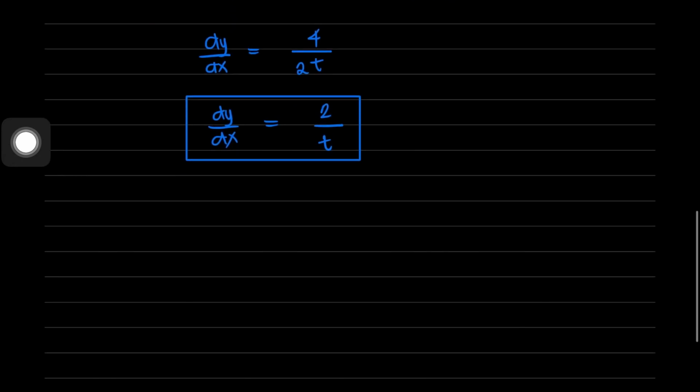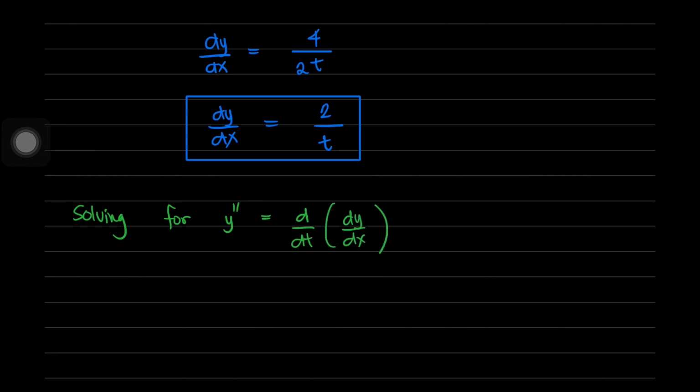And solving for the second derivative, so solving for y double prime, this is equal to the derivative with respect to t of dy over dx multiplied by the reciprocal of dx over dt.